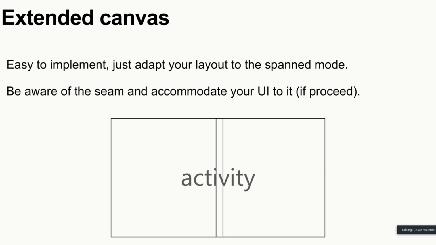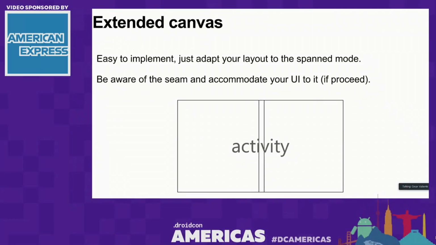How to implement this pattern is pretty simple: you basically don't have to do anything. When you expand your app, the activity will accommodate using both screens, and your UI will take advantage of having two screens. The only thing is to be aware of the seam, because maybe there is content that is rendered behind the hinge. So you may have to make some changes.